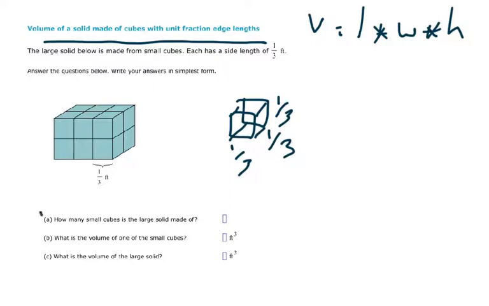Our first question, I guess we should do this part first. How many small cubes is the large solid made of? Well, you might be able to see, hopefully, that we have two layers right there. I'll erase the layers because that's terrible.